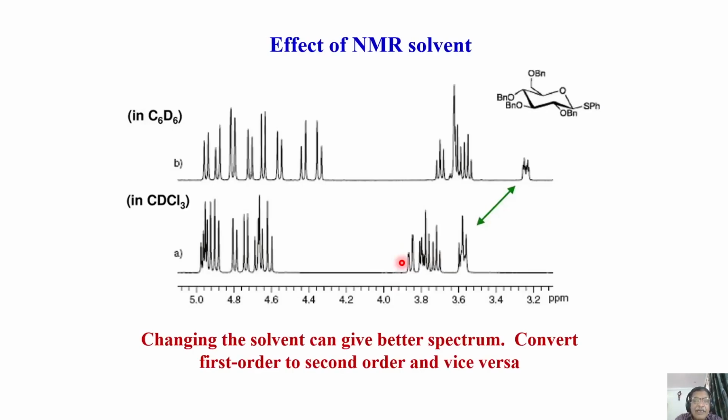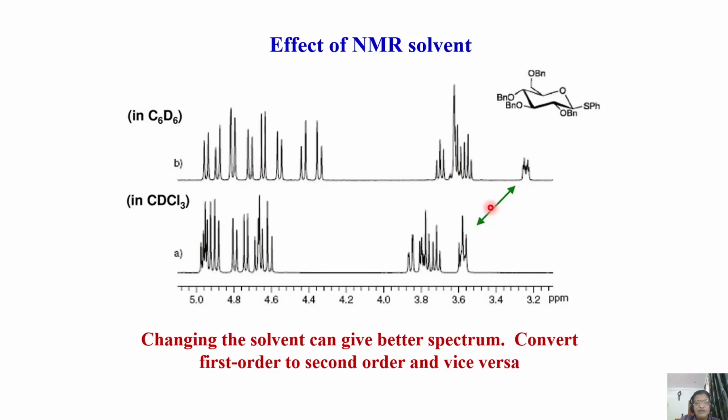Now, as another step in understanding the effect of NMR solvent, look at this molecule. This was taken in CDCl3. What is the difference between this spectrum? It is the same molecule, taken in benzene solvent.